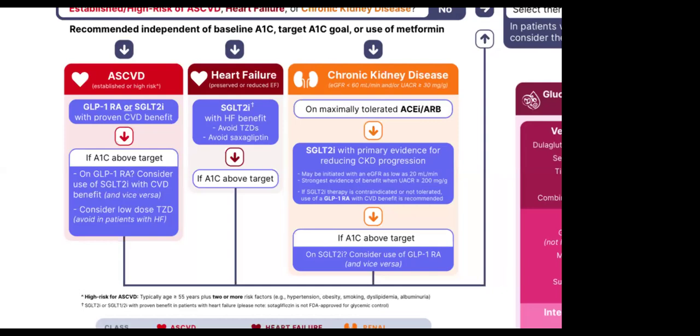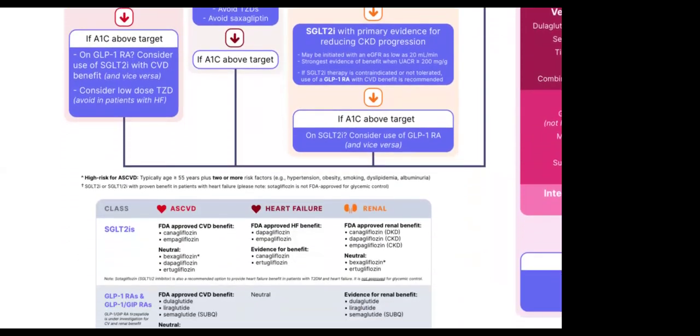So there is usually a warrant for use of ACE inhibitors or ARBs. If they are well tolerated on these, then you can add an SGLT2 inhibitor, those with evidence for reducing CKD progression. And we shall look at them.